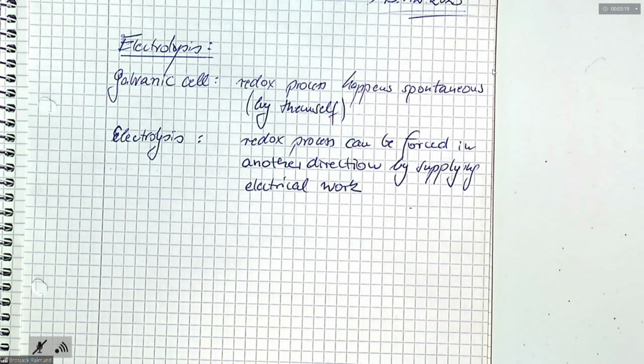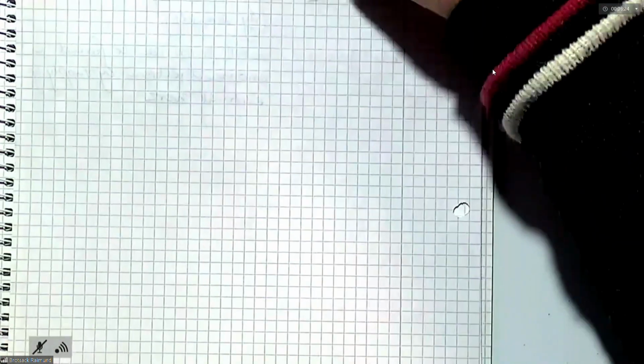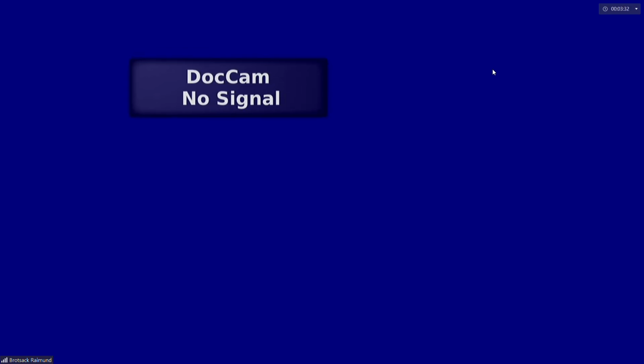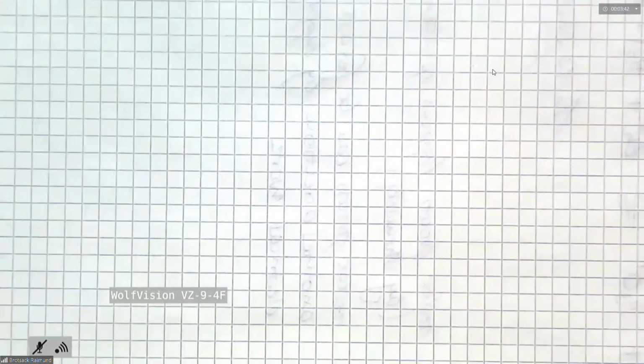So I have to turn my paper because now I will do it in a bigger scale. And we will divide our paper into parts.